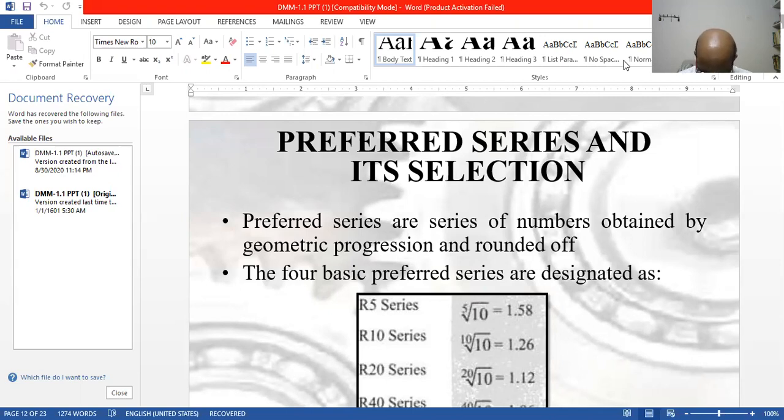Generally, when a machine is to be made in several sizes with different powers or capacities, it is necessary to decide what capacities will cover a certain range efficiently with a minimum number of sizes.